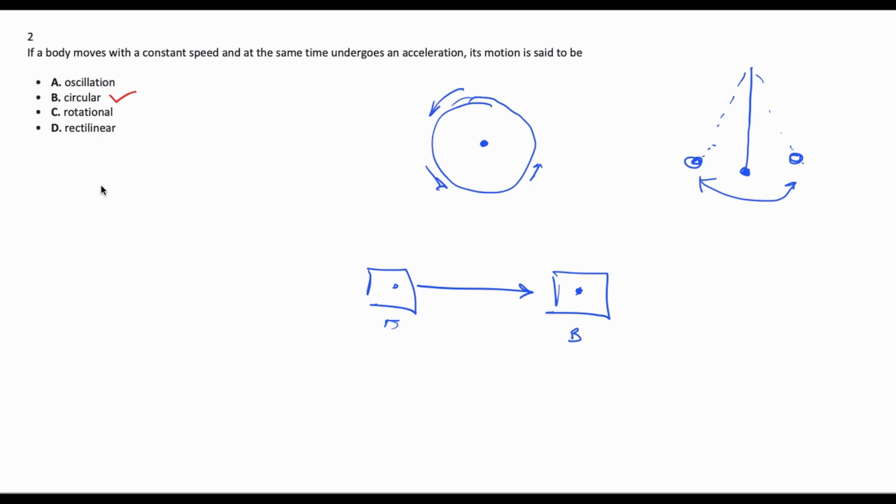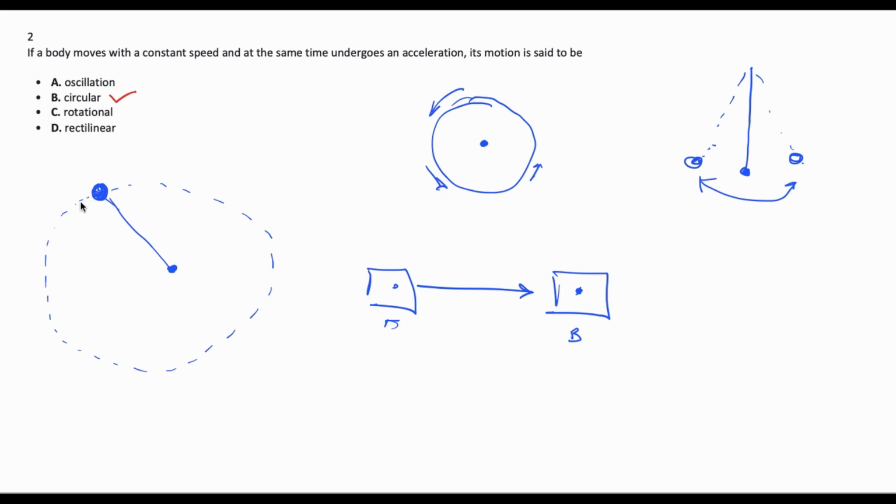Now, what about a circular motion, which we've said is our answer here? Consider you have this ball, and this ball is tied to a string, and this string has a fixed axis outside of the body. This body moves in a circular motion if it moves around this axis.